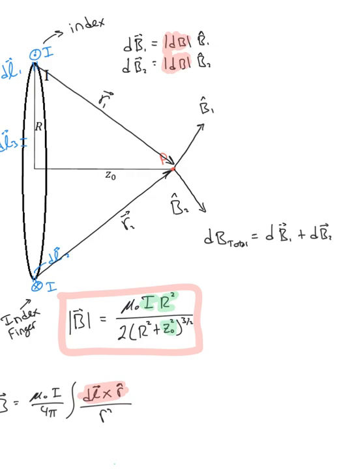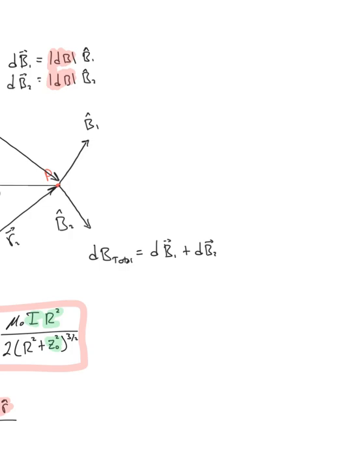And I'm just going to graphically add these two as vectors. I'll begin by drawing dB1 as a vector up and to the right. So this is my dB1 vector. And then I will draw my dB2 vector from the end of dB1.